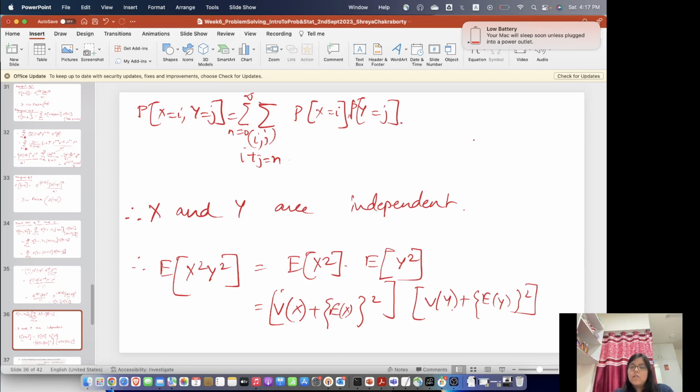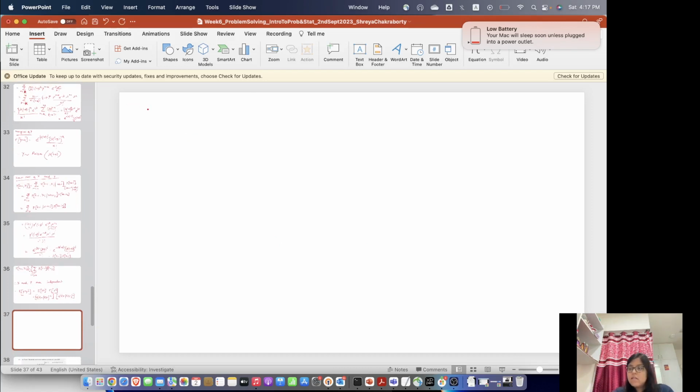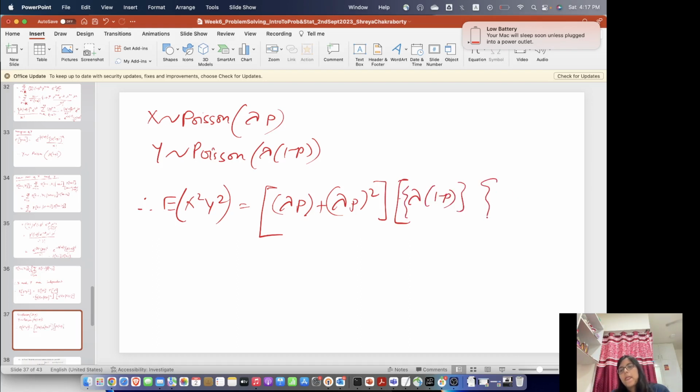So x follows, what did we get? Previously we got that x follows Poisson lambda p, y follows Poisson lambda (1 minus p). Therefore expectation of x square y square equals variance of x, which is lambda p, plus (lambda p) whole square, into lambda (1 minus p) plus (lambda (1 minus p)) whole square.